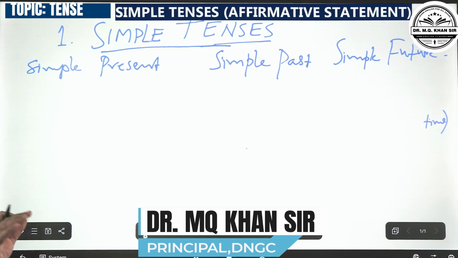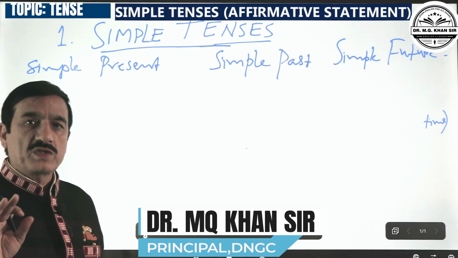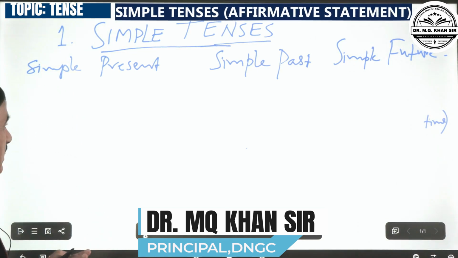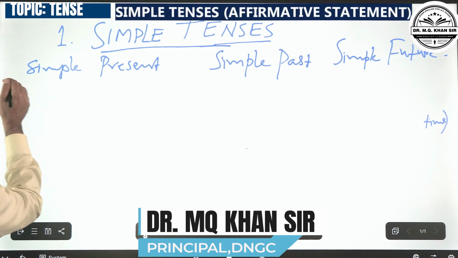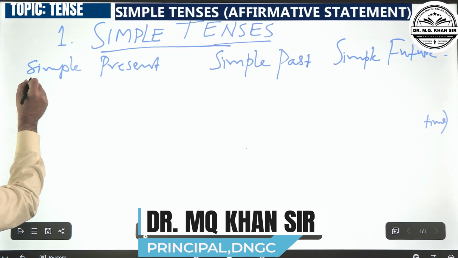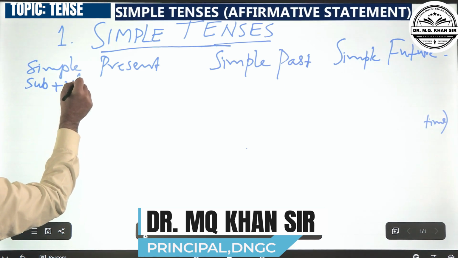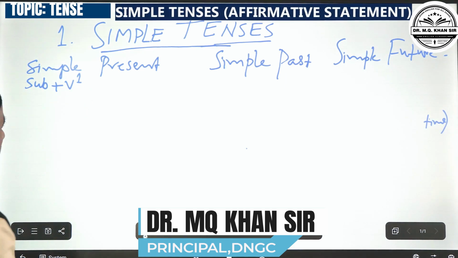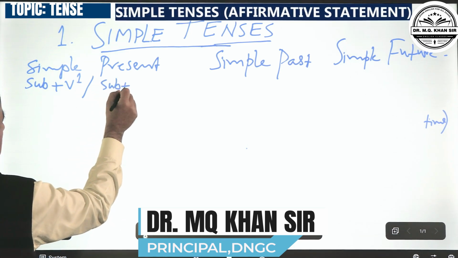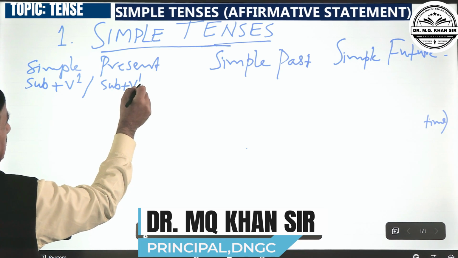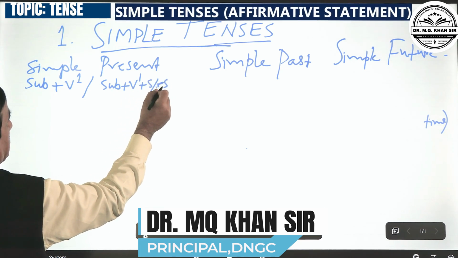The construction, the structure shall be, if the subject is other than third person singular number, then the formula will be subject plus V1. And another is subject plus V1 plus S or ES.